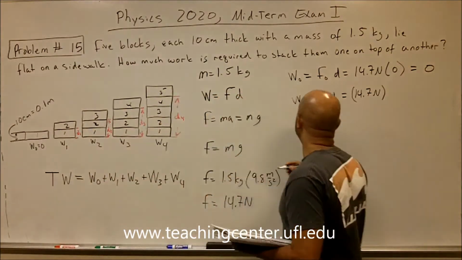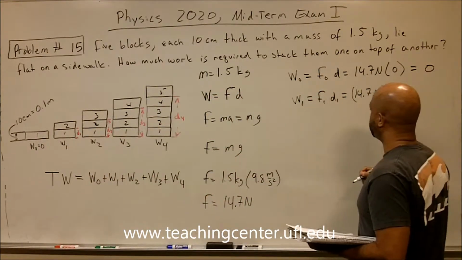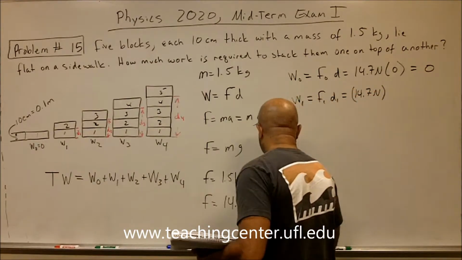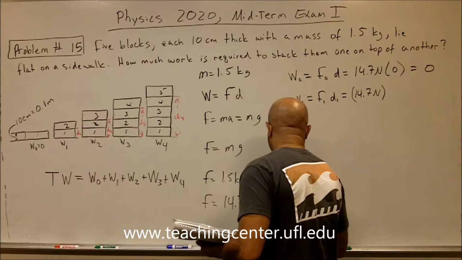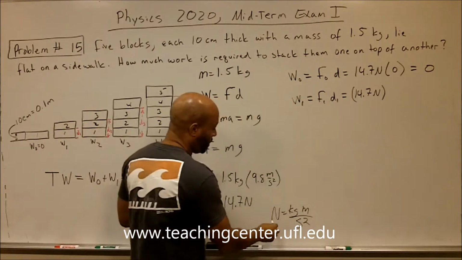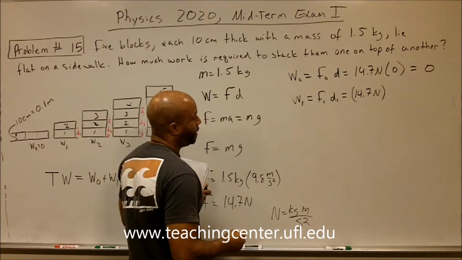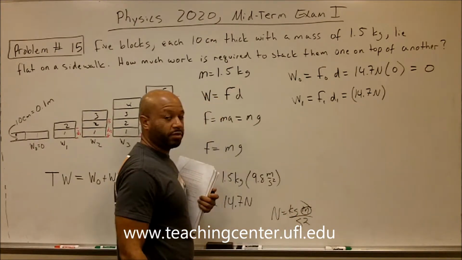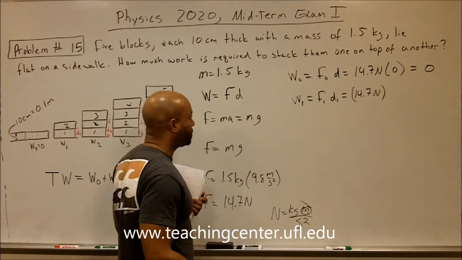Since we're working in newtons and we want our units consistent, newtons are kilograms meters per second squared. That's what a newton is. And so we need to have our displacement units in terms of meters.